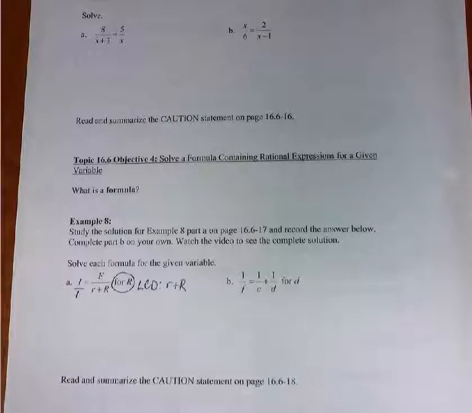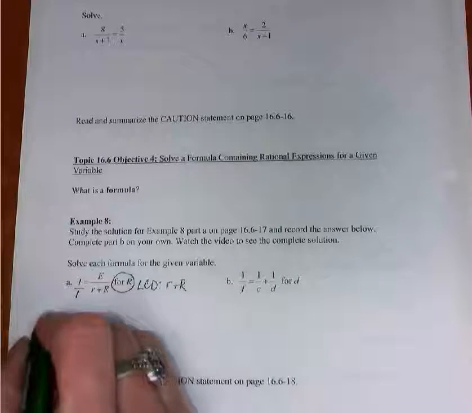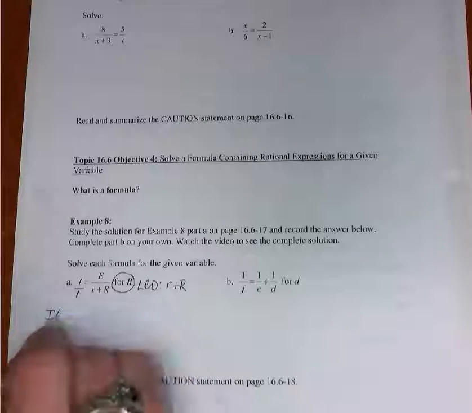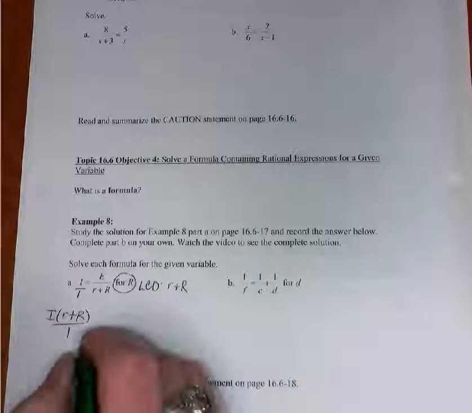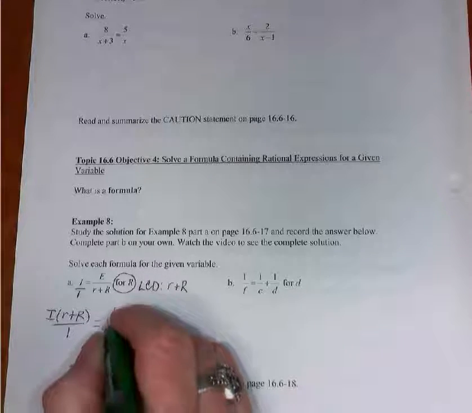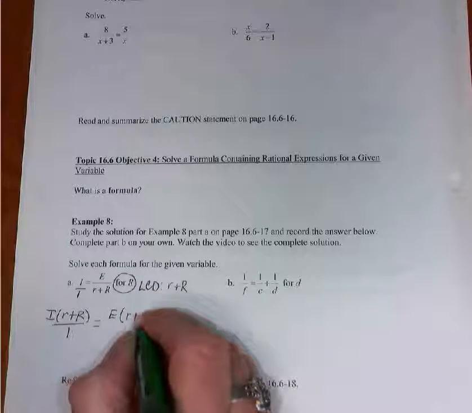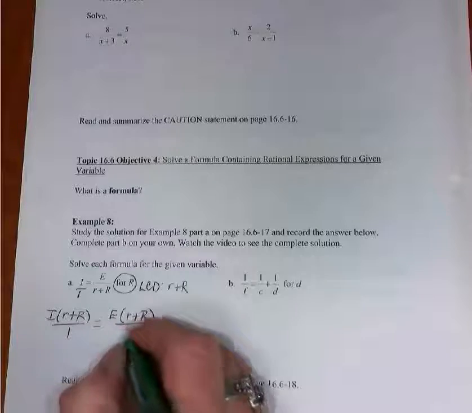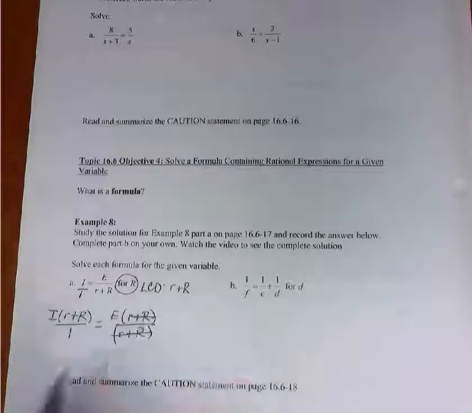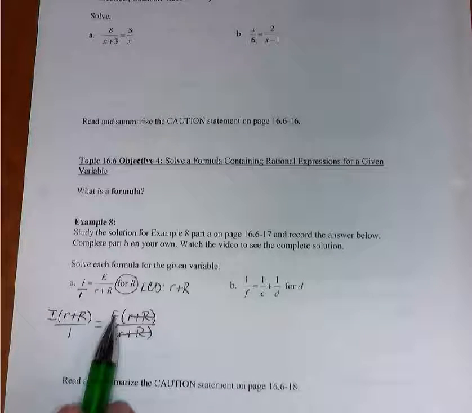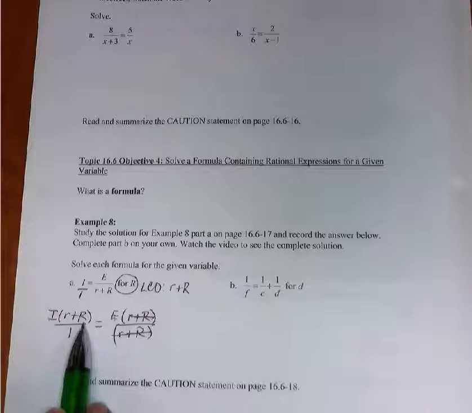So if we multiply the numerator of the left side by that and the numerator of the right side by that, you'll see that the r plus R cancels out on the right, so we're left with E equals I(r plus R).